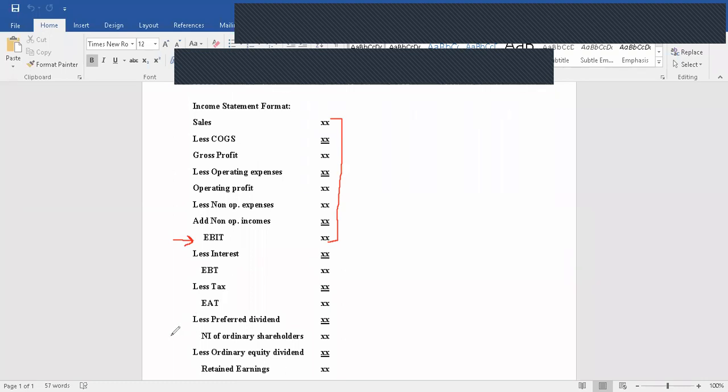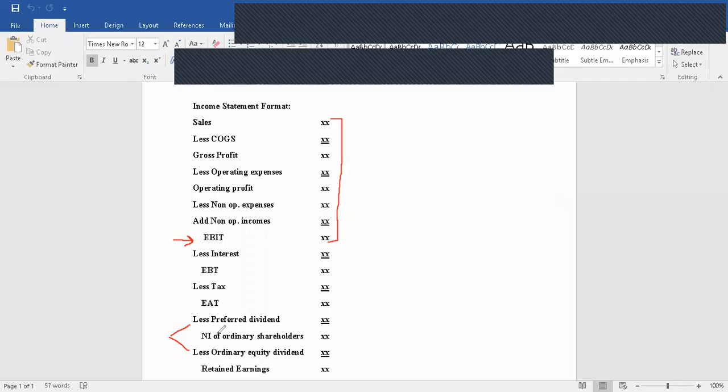Then there are categories of share capital. Let's say that there are two types of share capital. The return paid on share capital is called dividend. First preference is given to the preference shareholders, so preferred dividend is paid first.